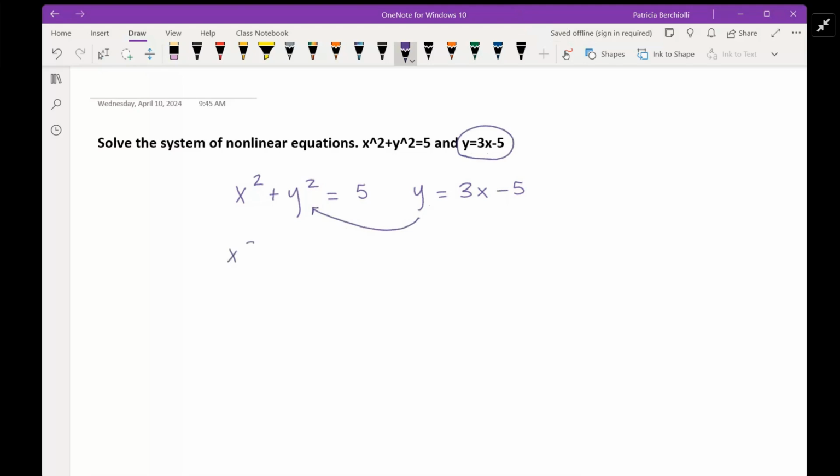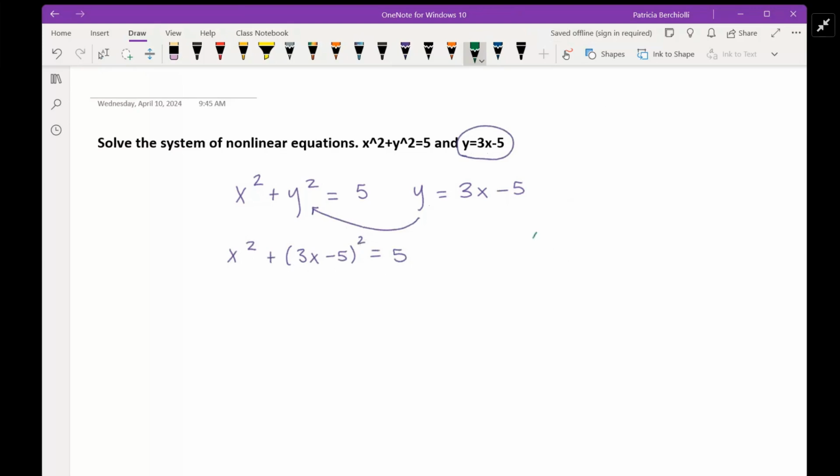So we have x squared plus (3x minus 5) squared equals 5. From here, I am going to raise 3x minus 5 to the second power.